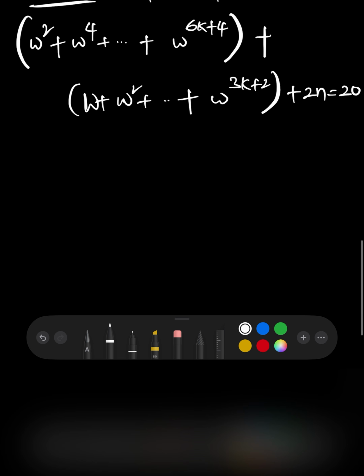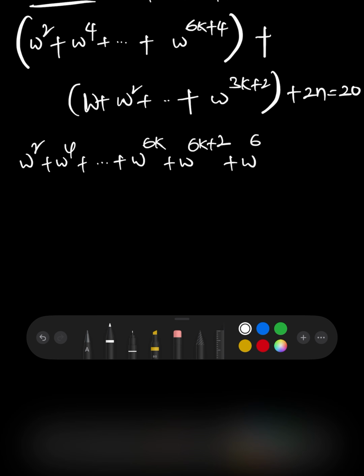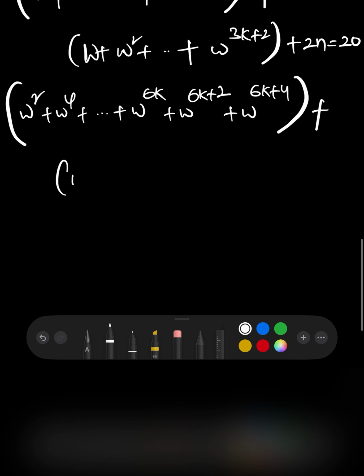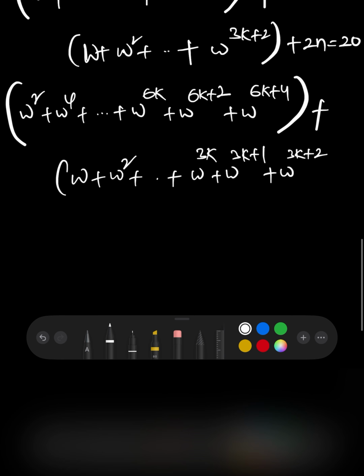Now if you observe this clearly, omega square plus omega power 4 plus and so on, omega power 6k, omega power 6k plus 2, omega power 6k plus 4. If you write the before terms, because it is a multiple of 2, we will get 6k plus 2, 6k plus 4, right? And here omega plus omega square plus and so on, omega power 3k, omega power 3k plus 1, omega power 3k plus 2, plus 2n equals 20.